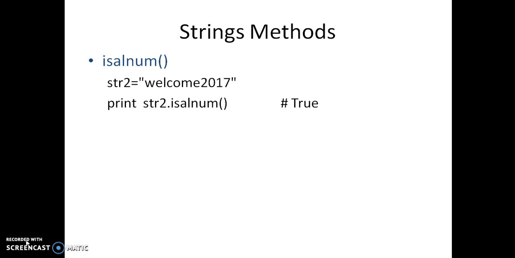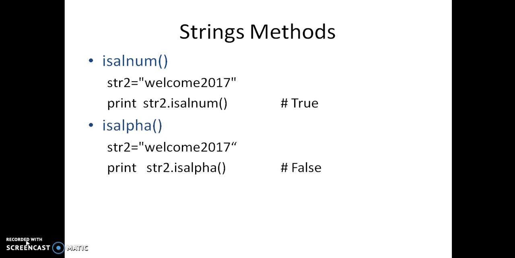So the output of this function is either true or false. str2 is "welcome2017". Here the alphabets are "welcome" and the numbers are "2017". Now we are checking str2.isalnum(). It returns true because it has only alphabets and numbers.